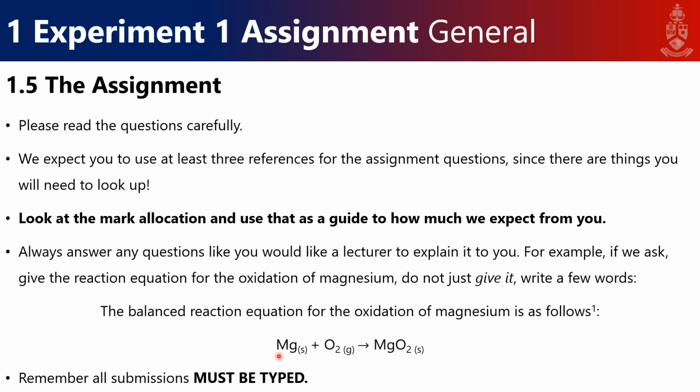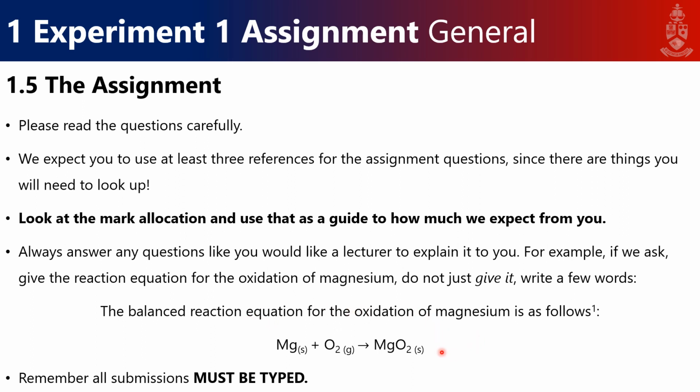So for example, if you're asked for a chemical equation, then you must say the balanced reaction equation for the oxidation of magnesium is as follows. In other words, it shows that it needs to be balanced, it shows that this is an oxidation reaction, and then you give the reaction equation. So this is going to count 1 mark, even though you've given me 3 pieces of information in principle.